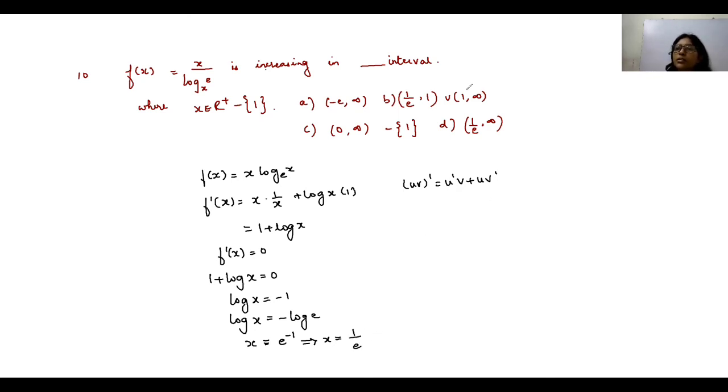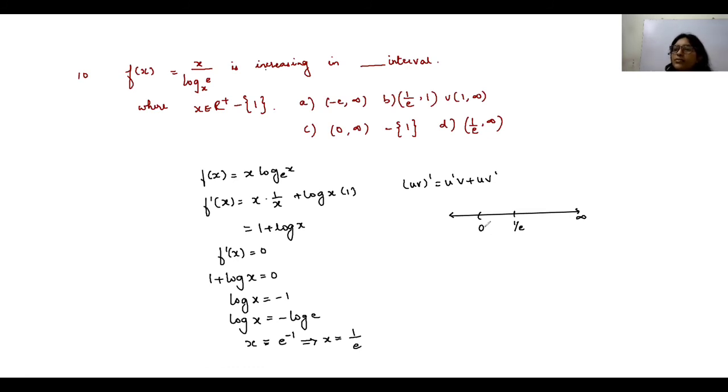That means our critical point is 1 by e. So let's put it on the number line. 1 by e here. Our domain begins from 0 because it is log x to the base e, and it goes up till infinity.